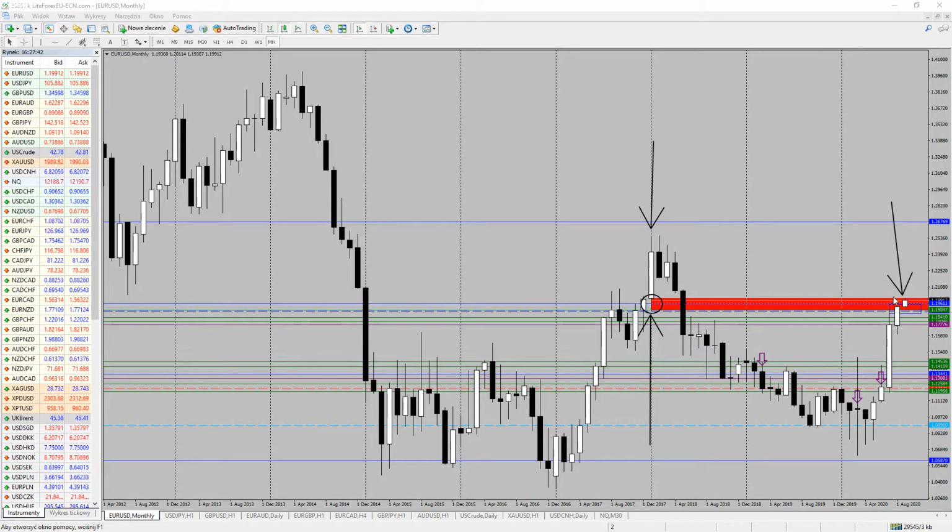And that's what we are testing right now. That's the supply, that's the last line of defense. If we are going to break through, 122 is the next possible zone, then 125, 26, 50 next.